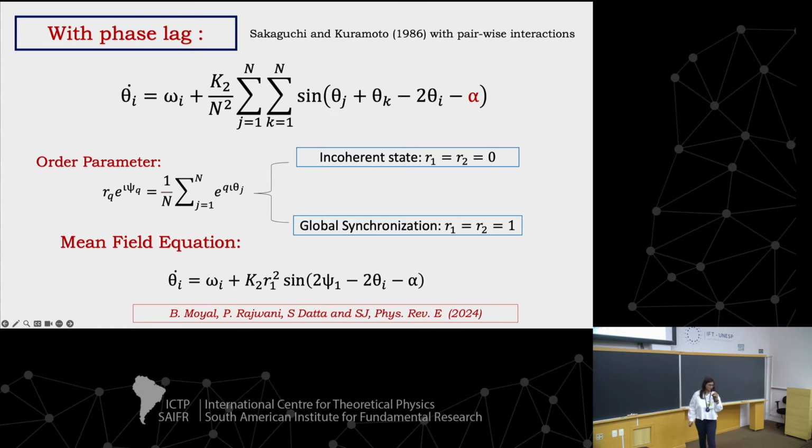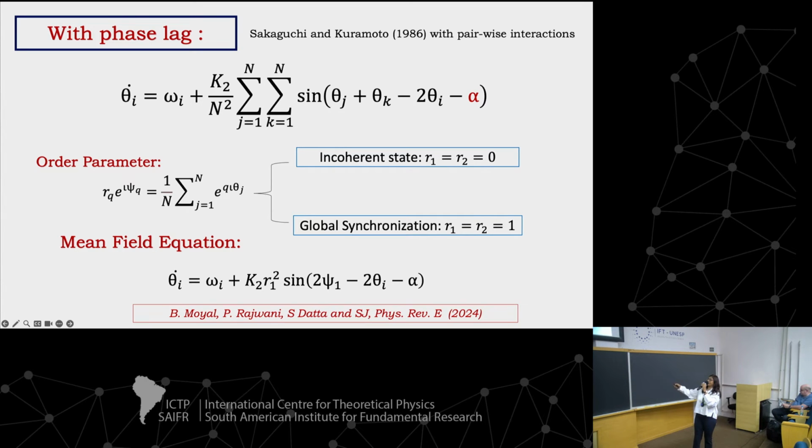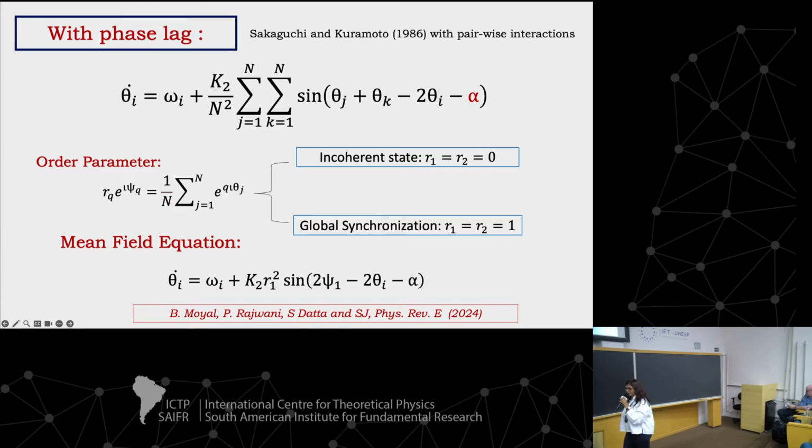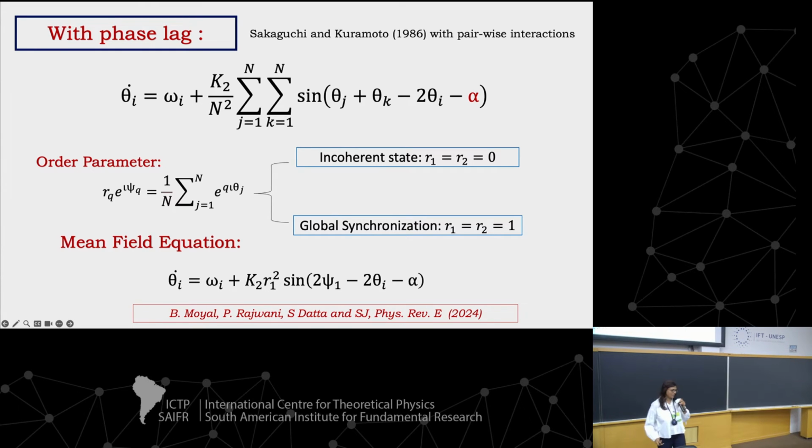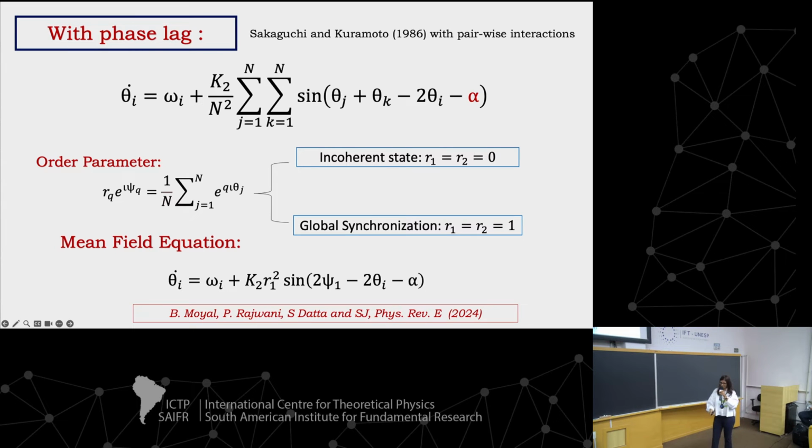So here you can see that in the mean field, the oscillators are somehow decoupled from all the oscillators, and they are experiencing this mean field, R1 and psi1. So this is one simplification, but still you have an n-dimensional equation to solve, okay? So unless you do numerics, you cannot solve this equation.